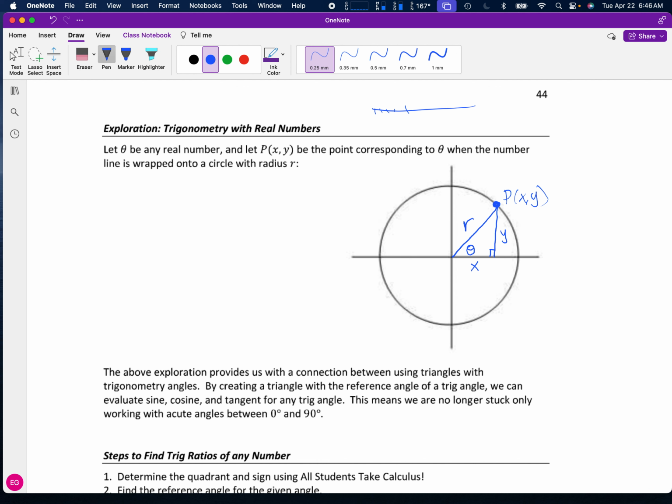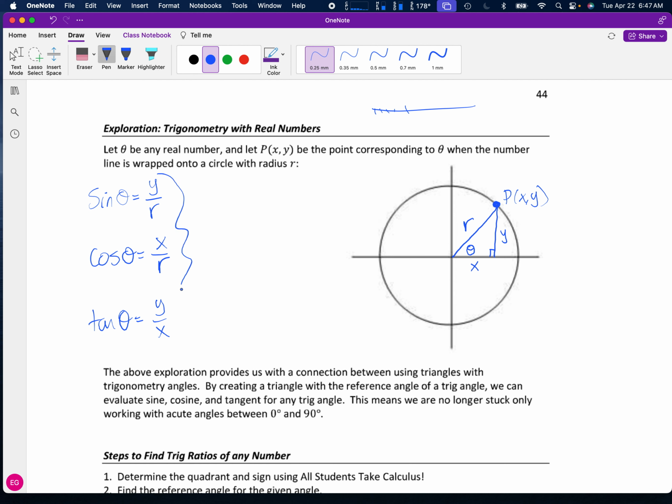So let's just talk about what sine, cosine, and tangent would be in this little triangle real quick. Sine of that theta value would be opposite over hypotenuse, so it would be y over r. Cosine of that angle would be adjacent over hypotenuse, so that would be x over r. And then tangent of that angle would be y over x, opposite over adjacent.